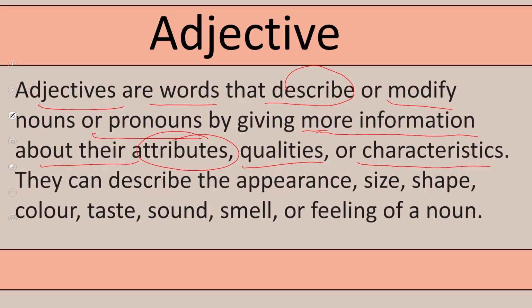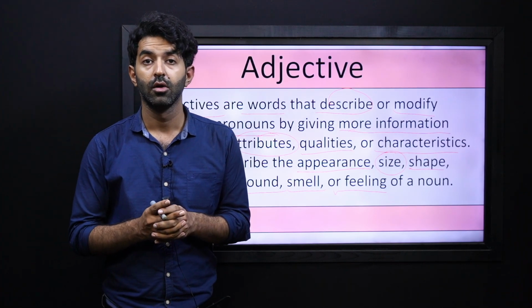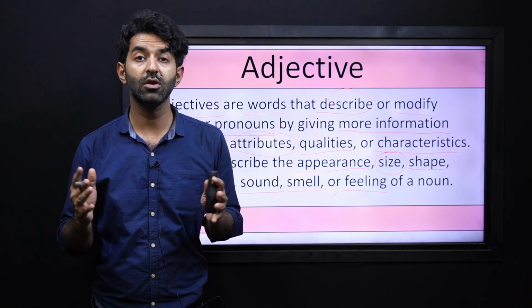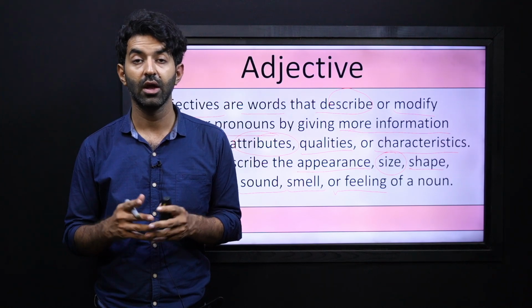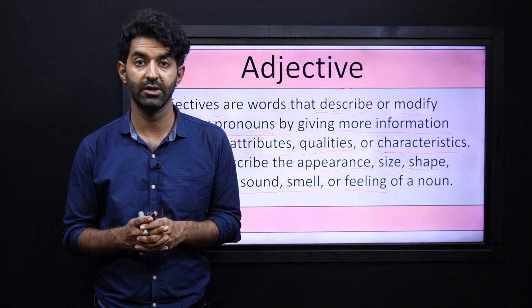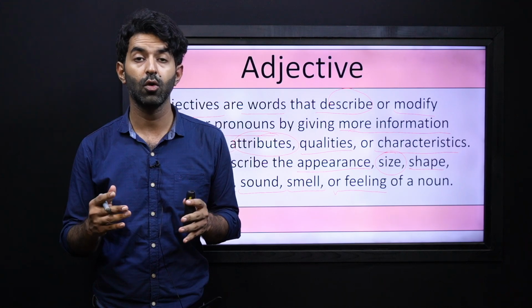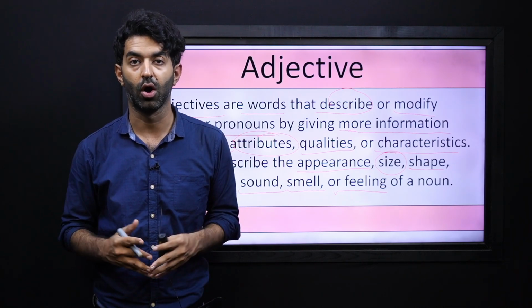They can describe the appearance, how something looks, the size, the shape of something, color, taste, sound, smell, or just the feeling of a noun or a pronoun. Now, we are very much clear. We have seen so many different words: quality, size, shape, color. It means that they are of different types. Now let's see how we can identify which adjective is describing our noun in terms of color, which one is describing quantity, shape, and so on.